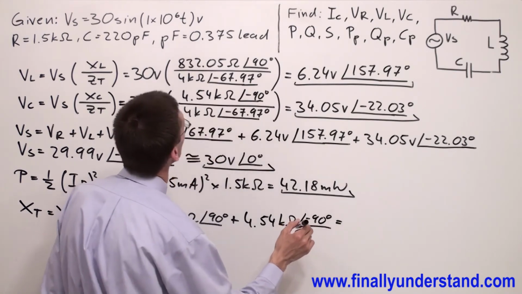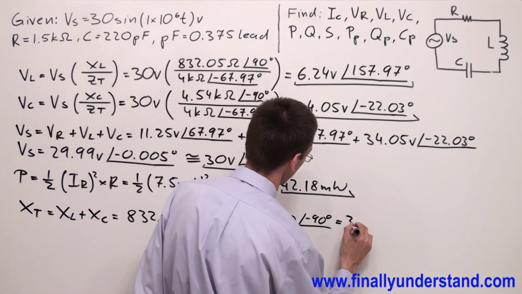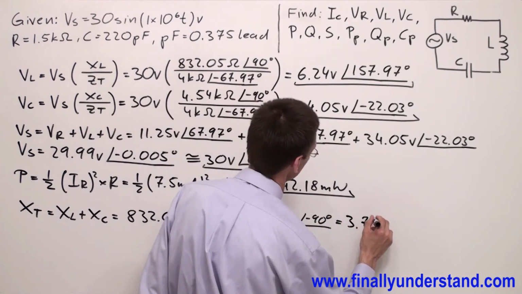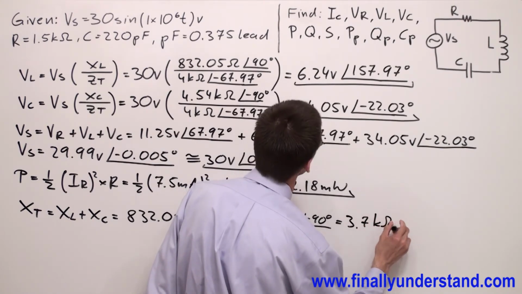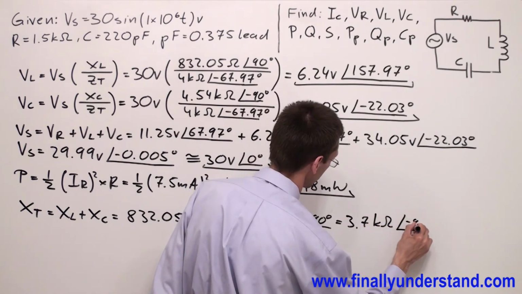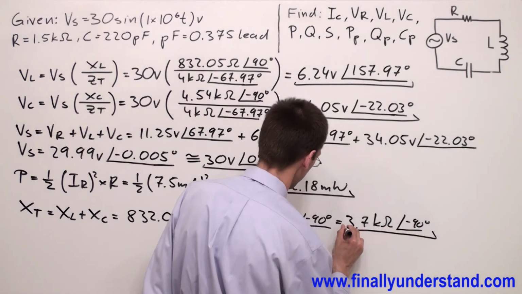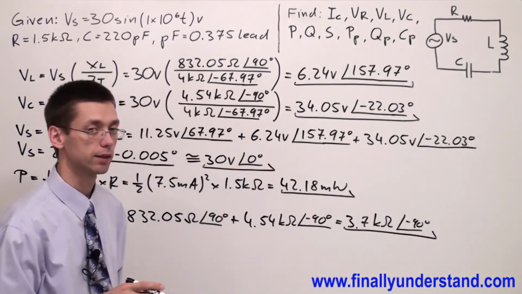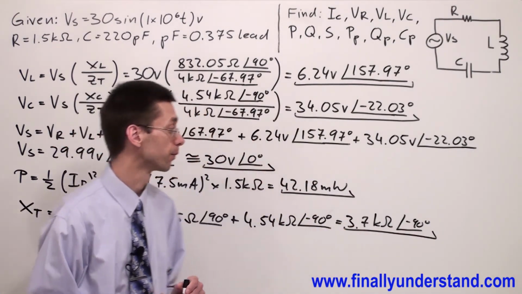This is equal to 3.7 kiloohms and angle of negative 90 degrees. So this is the total reactance in my series circuit.